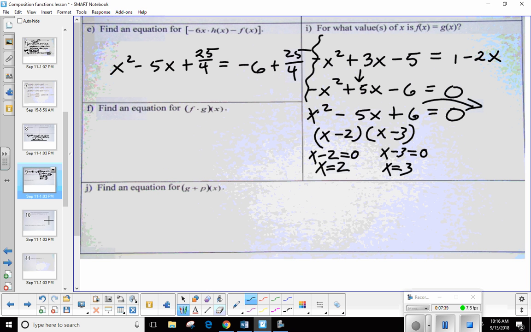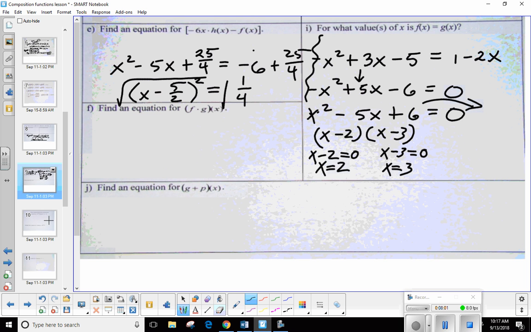Now, this creates a perfect square trinomial. So I can factor this and write it as x minus 5 halves squared is equal to, now this would be negative 24 fourths. So combine those, I get 1 fourth. Now remember, we're trying to solve for x, so how do I get him out from under the square? What's the inverse?